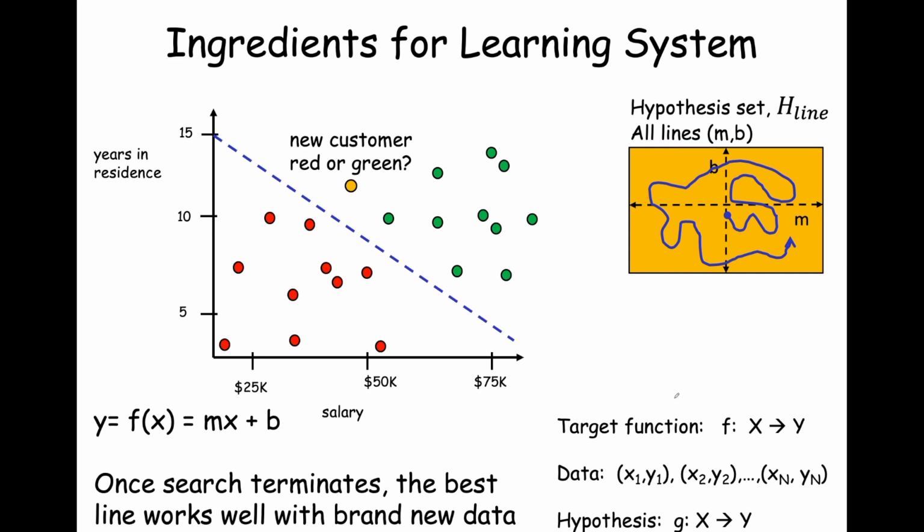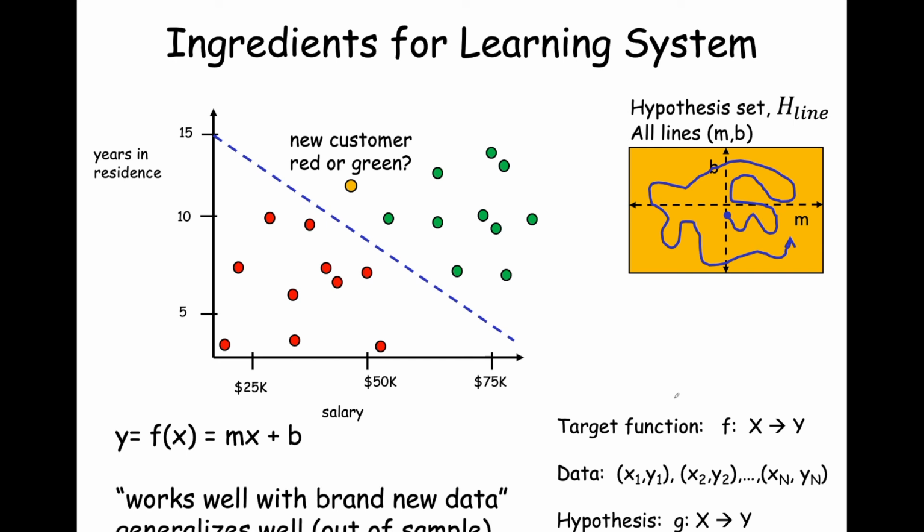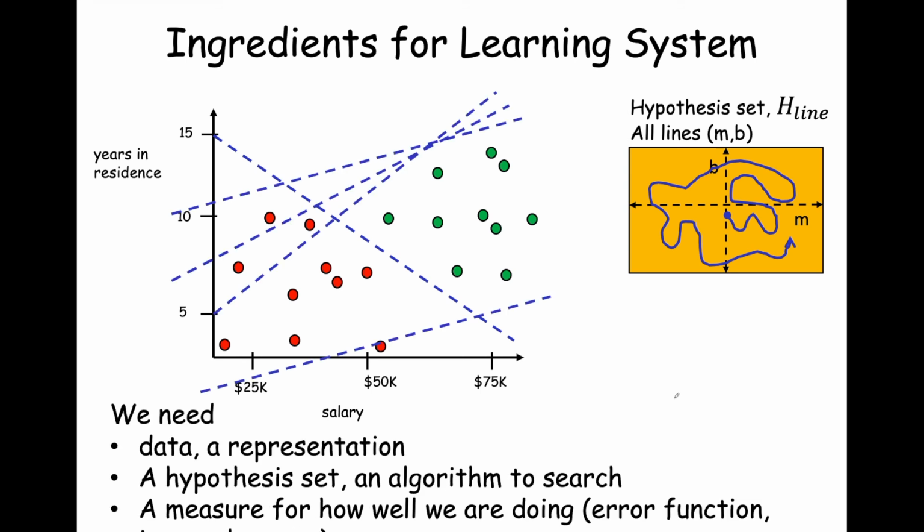We measure by asking which side of the best line that new customer, this yellow point, falls on. Essentially, our criterion for assessing whether a final best hypothesis g is good is whether it works well with brand new data, i.e., whether it generalizes well out of sample on customer vector instantiations from this unknown probability that we have not yet seen.